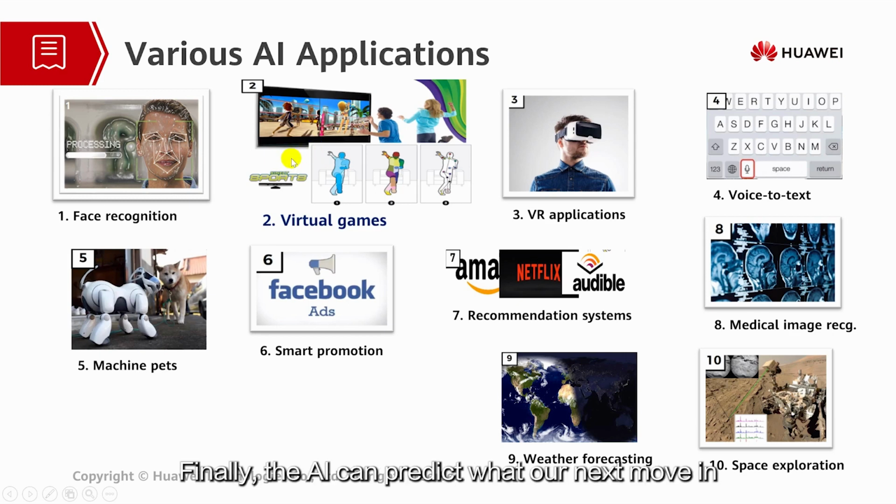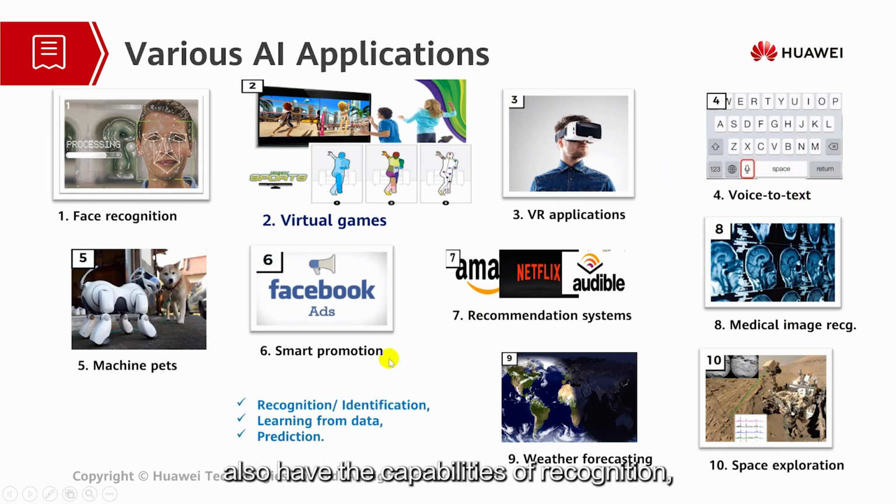Finally, the AI can predict what our next move in the game might be and can play accordingly. This is why, in most modern computer games, the more we play against the computer, the harder it becomes to win. Have you noticed this phenomenon? If not, try it next time. Anyway, all other applications also have the capabilities of recognition, learning, and prediction.